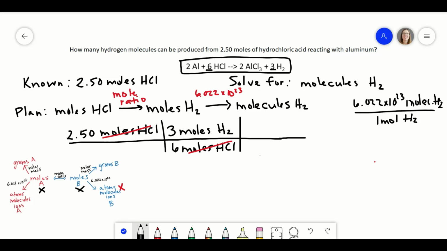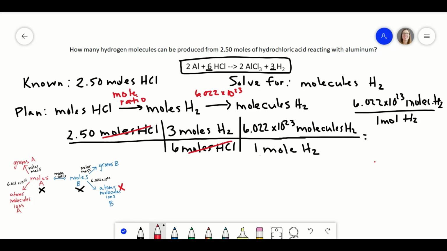So we will put the 6.022 times 10 to the 23rd molecules of H2 on the top, and we'll put that over 1 mole of H2 on the bottom.